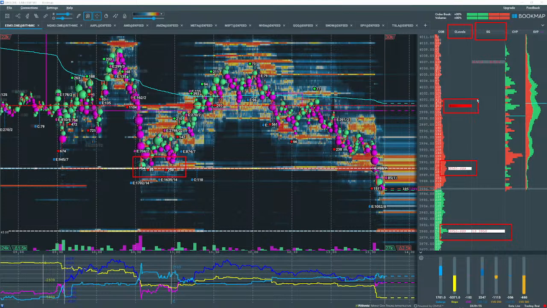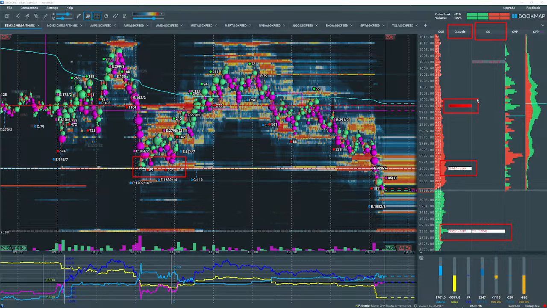And I'll talk more about this setup or setups in the S&P 500 in a few minutes. All right, so it looks like, again, the 3960 support level has broken, and the next level in play is the 3950.